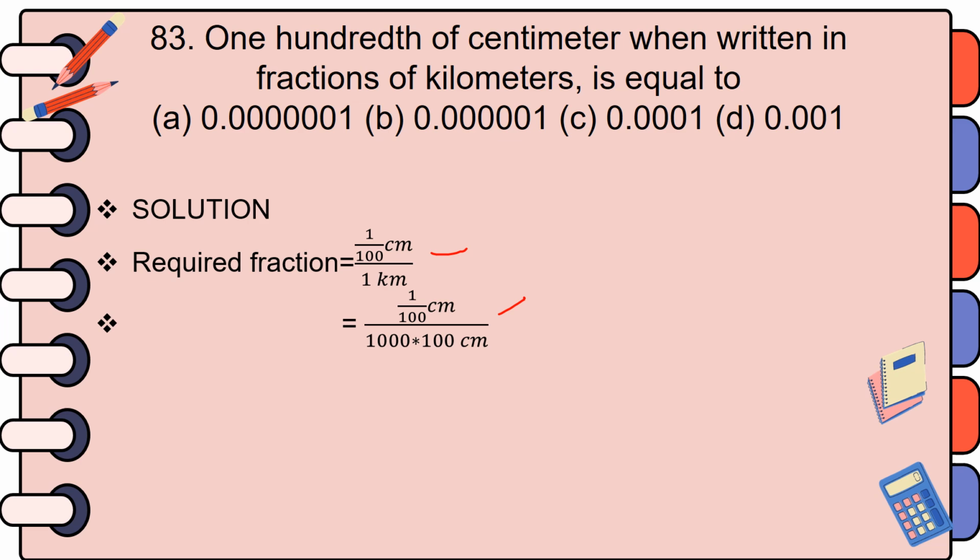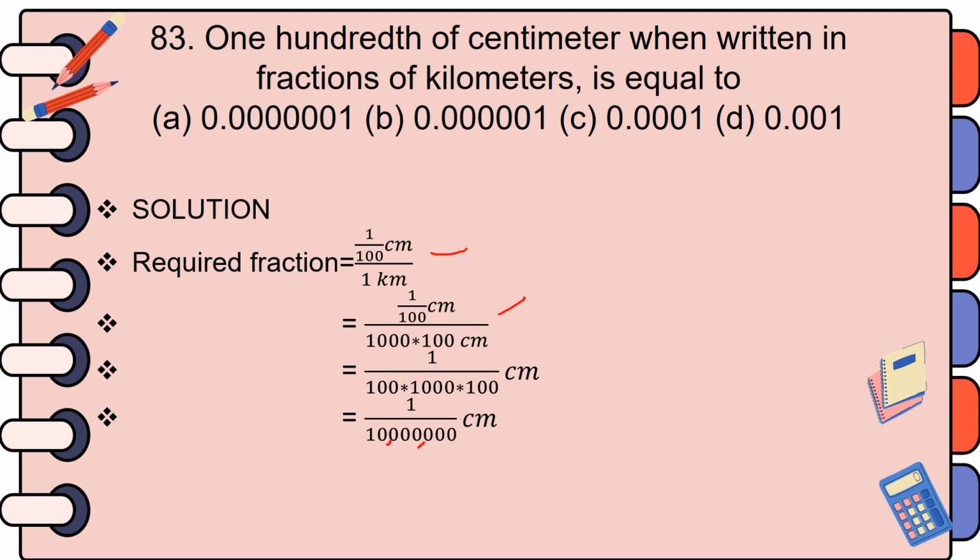Again, bring the 100 on the upper side to the denominator, and you can rewrite this as 1 over 100 times 100,000, or 1 over 10 million. That means 1/100 of a centimeter when expressed in kilometers is equal to 1 over 10 million.